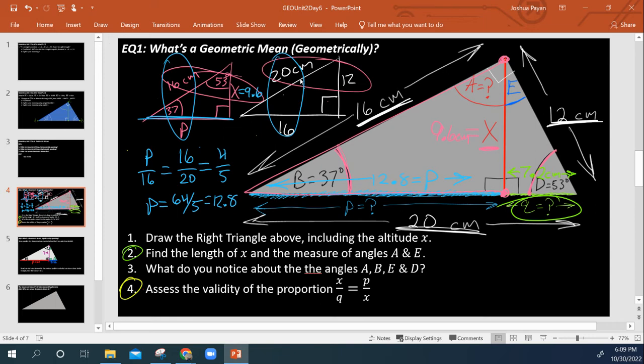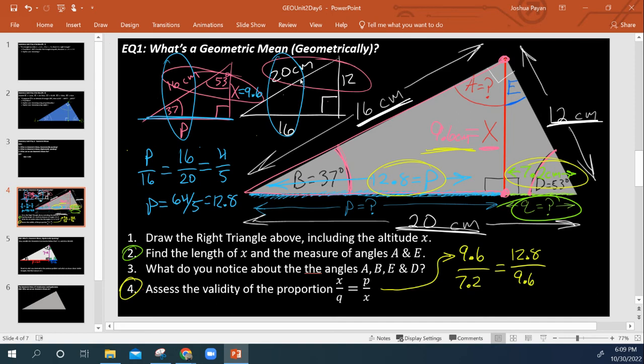So does that work? x was our altitude. So we're going to say x is to q, so that's the 7.2, as p, so that's the 12.8, is to x again, 9.6.